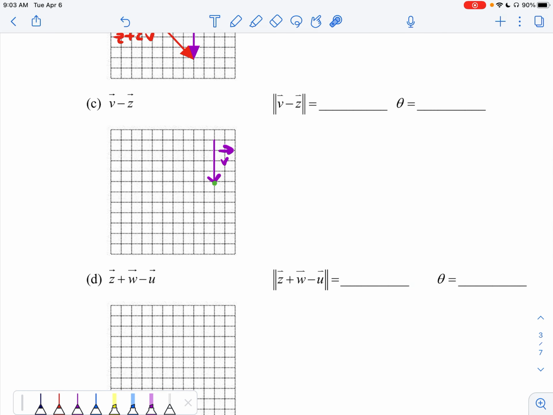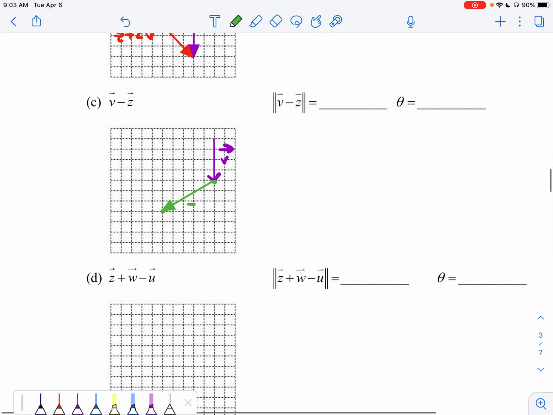Okay, so starting at the tip of V, I'm going to go 5 units to the right and 3 units down. So that would be my vector right there, negative z.